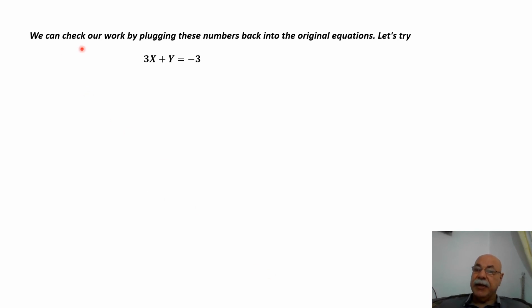Here we can check our work by plugging these numbers back into the original equation. Let's try. Now I replace the letters by the values x equals minus 3, y equals 6, because I got them before. We see 3 times minus 3, this value of x, plus y, the 6, equals minus 3.